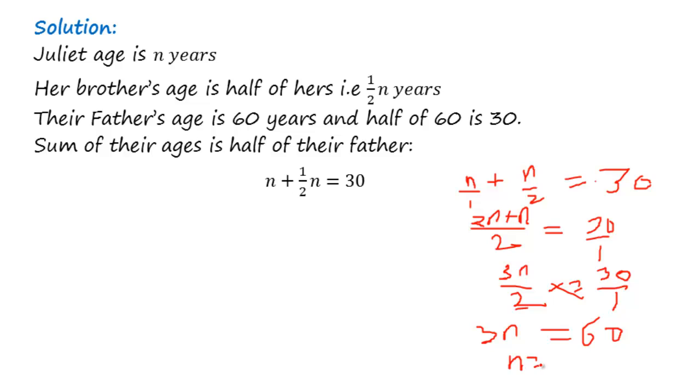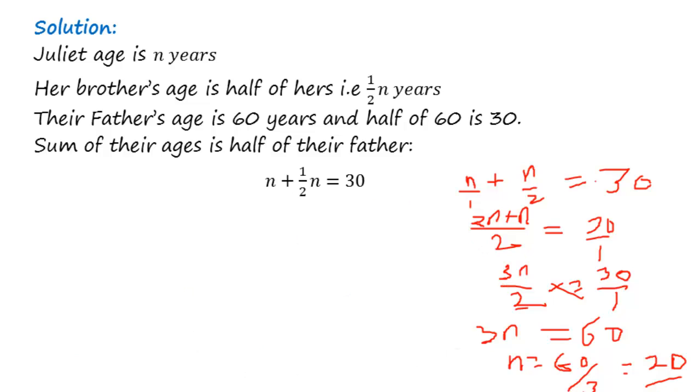N will now be 60 divided by 3. N will now be 20. So the age of Juliet is 20, while the age of our brother is 20 divided by 2, which is 10. Are you getting it now?